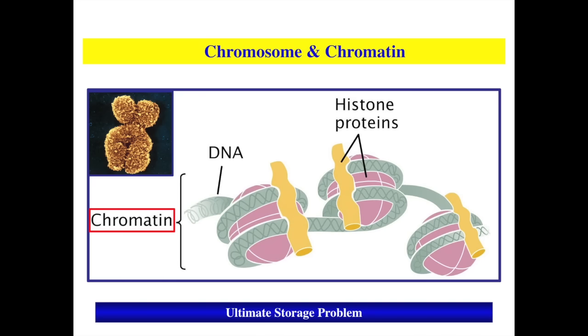So to do this, DNA is wound around these histone proteins. And the winding of DNA and the overall architecture of the chromosome is also important in controlling gene expression. And we will be discussing that later on in the course.